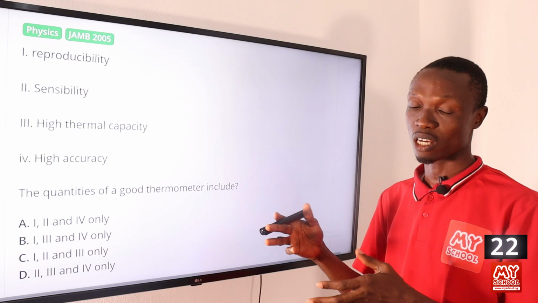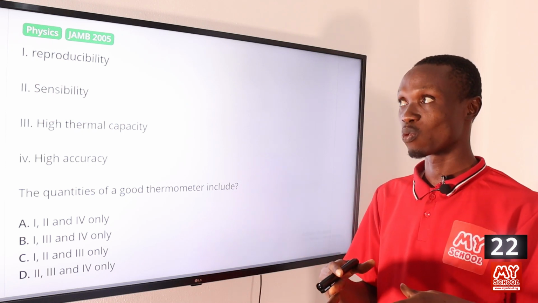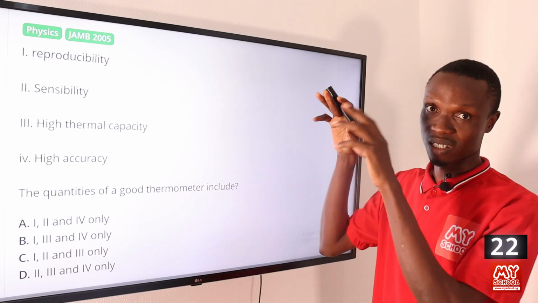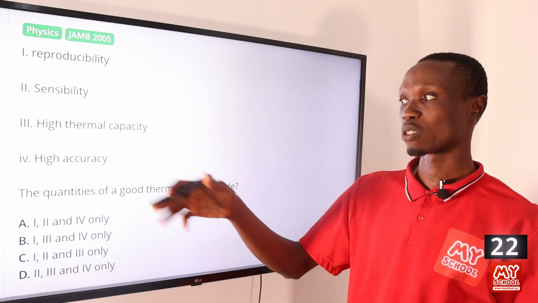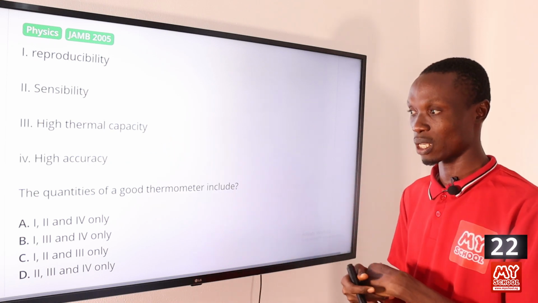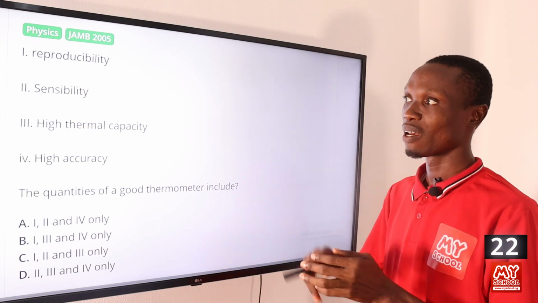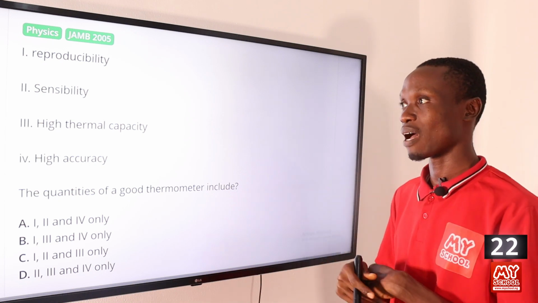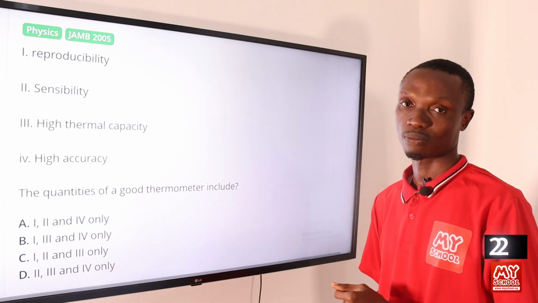High accuracy has to do with when you compare the value obtained using the thermometer to measure temperature with those of standard values, it should be close. That is what high accuracy is all about. So the qualities of a good thermometer include I and IV. That makes option A the correct answer to this question.